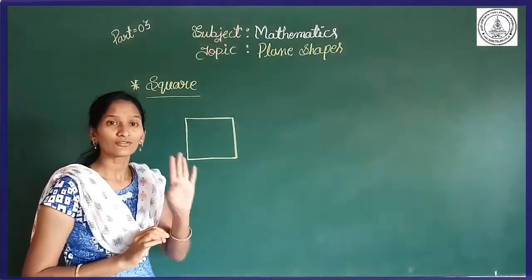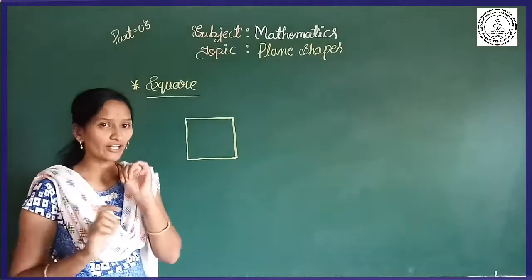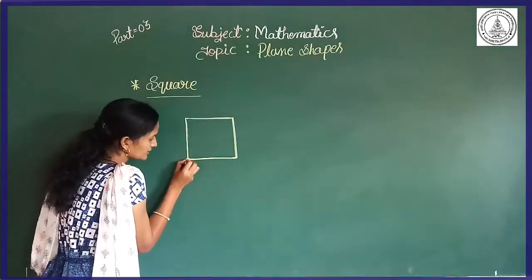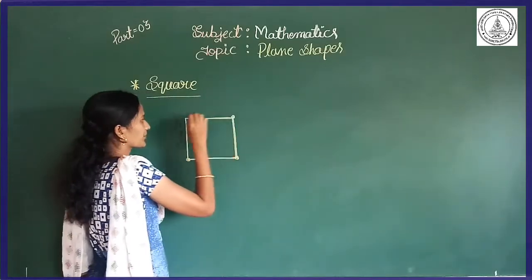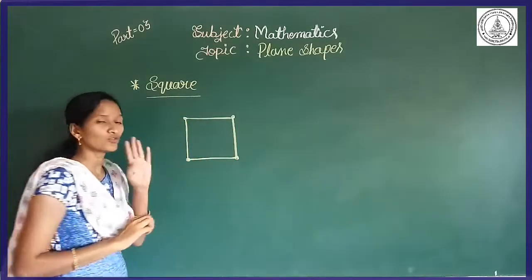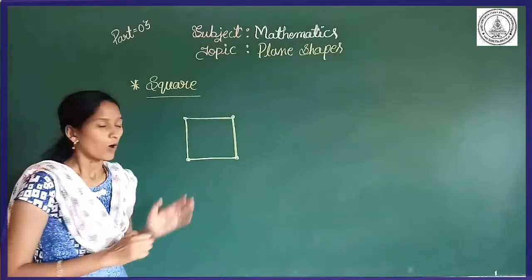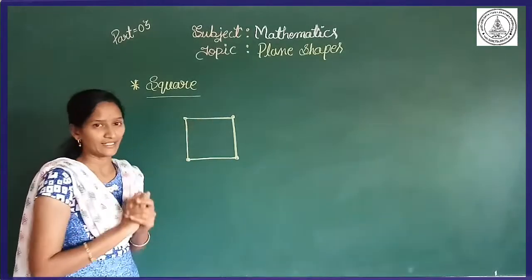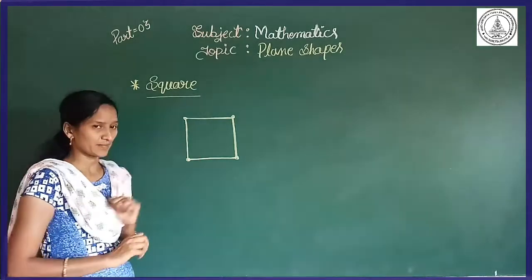So it contains four sides and also it has four corners. See, look here. These are called the corners of the given shape. It has four corners. Okay. In a square shape, all the sides are equal. All four sides are equal in a square.